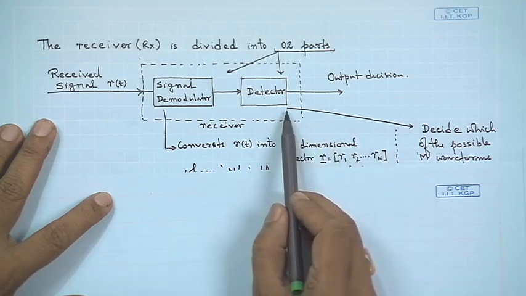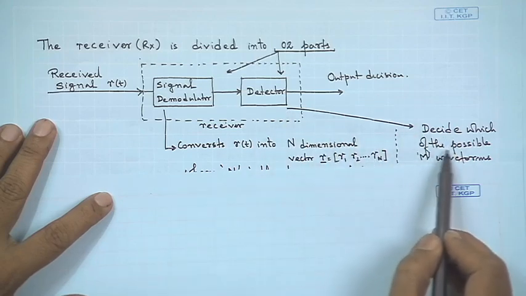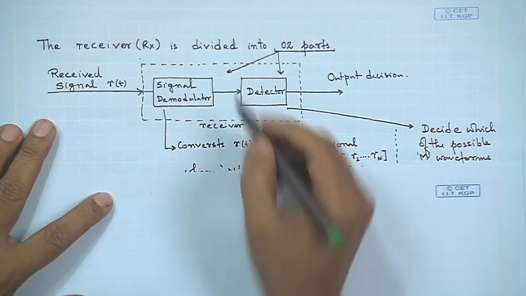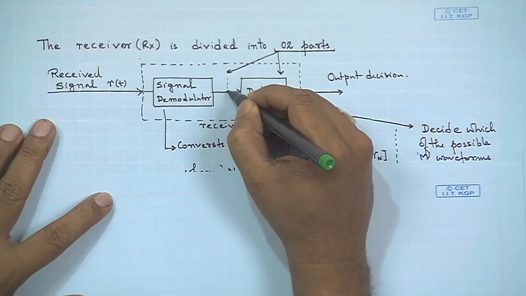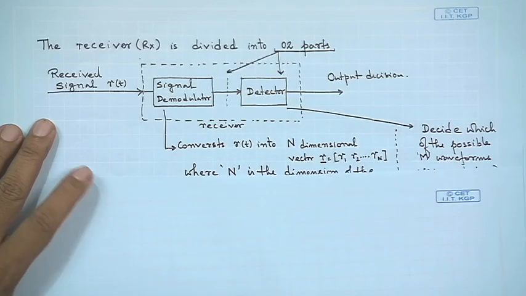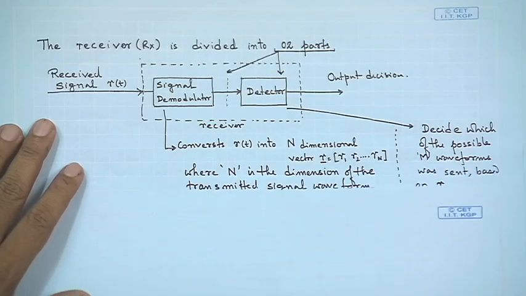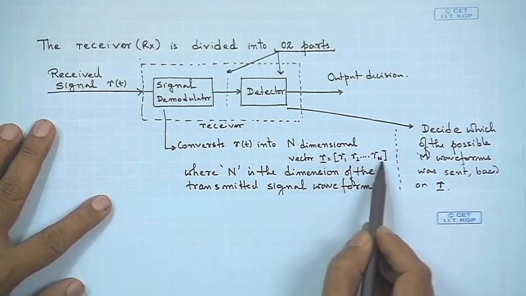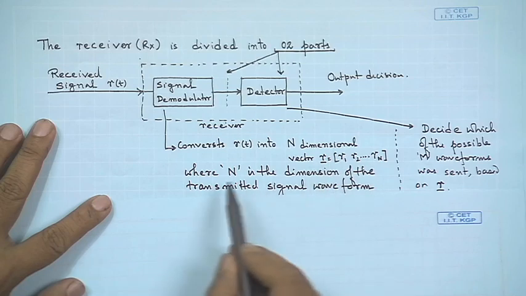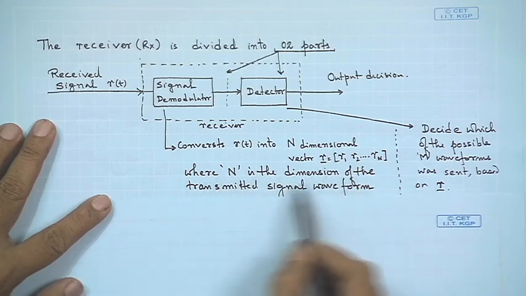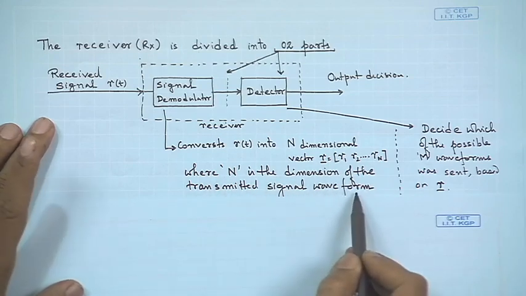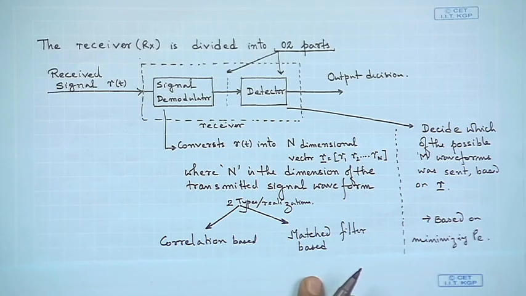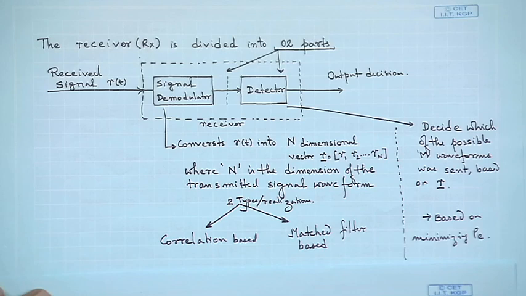The job of the detector is to decide which of the possible M waveforms was sent. So, you partition the job into two parts and things will be clear soon. And of course, when we say that it decomposes into n components, n is the dimension of the transmitted signal waveform. We will describe what we mean by the dimension.